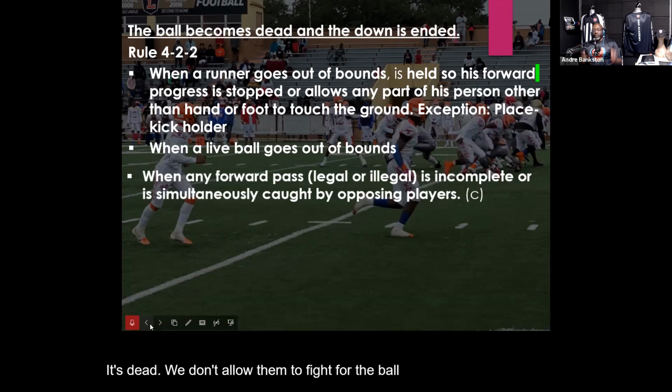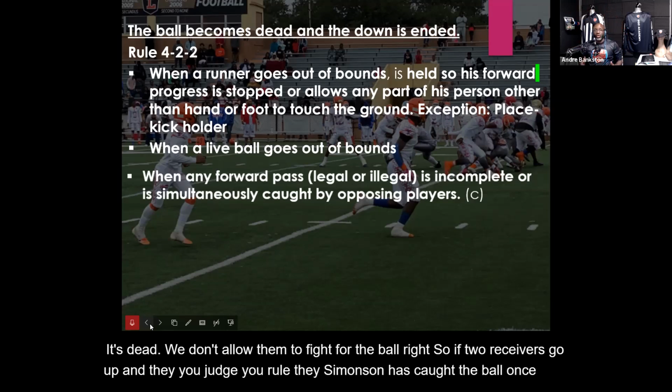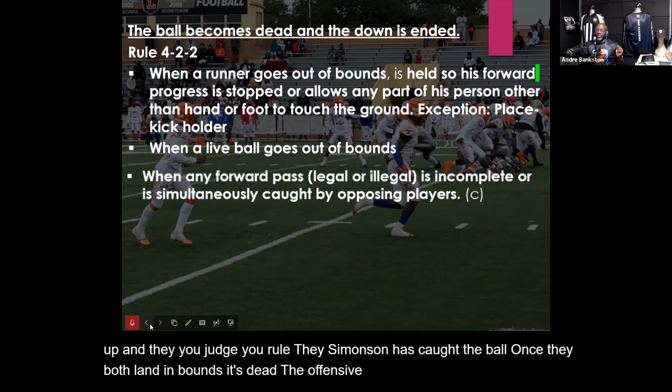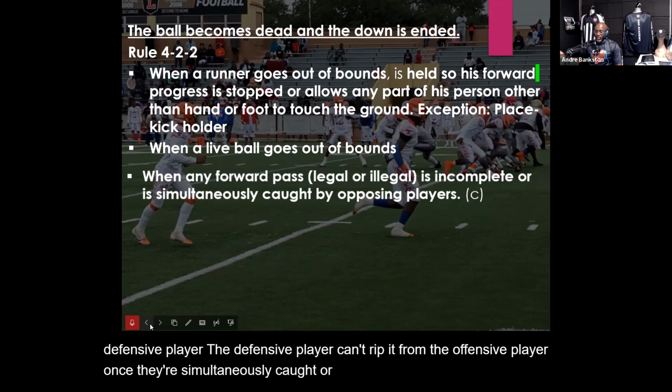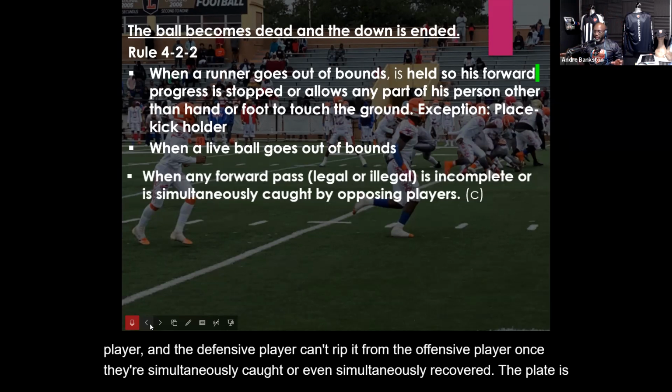We don't allow them to fight for the ball, right? So if two receivers go up and you rule they simultaneously caught the ball, once they both land in bounds, it's dead. The offensive player can't rip it from the defensive player, and the defensive player can't rip it from the offensive player. Once they're simultaneously caught or even simultaneously recovered, the play is over. Whistle blown, it's over.